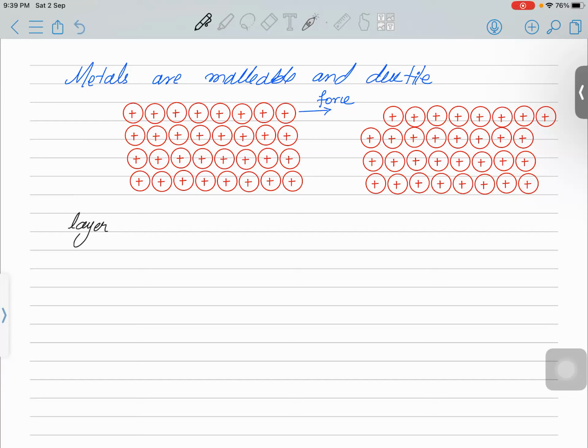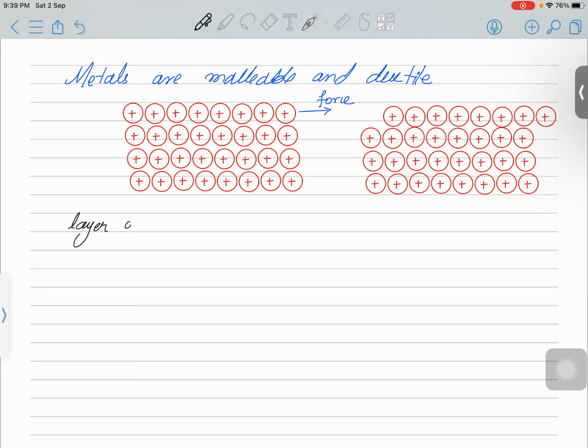By hammering you can, but a lot of force is required. But when you heat, molecules vibrate and you can easily transform into different shapes. Are you getting my point or not?